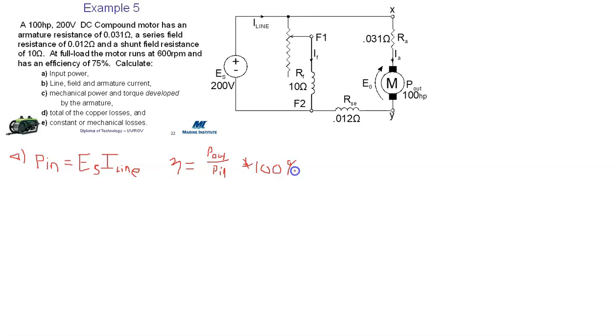And so what I'm going to do now is write efficiency as a percent, so 0.75%.